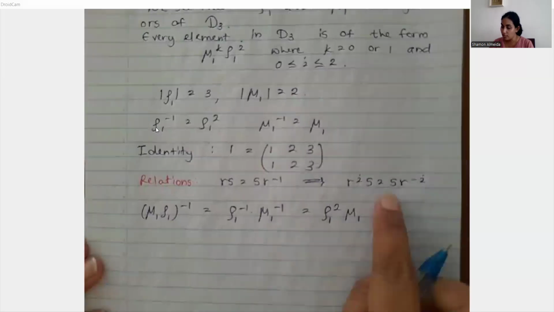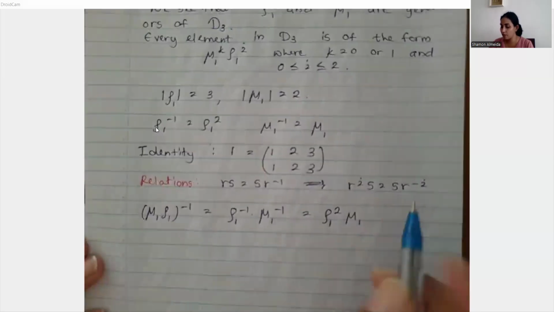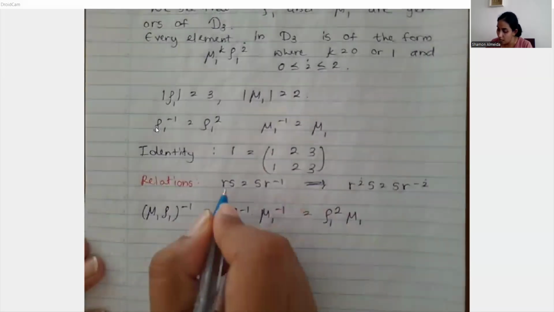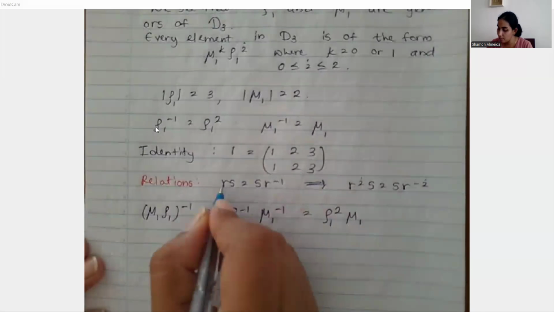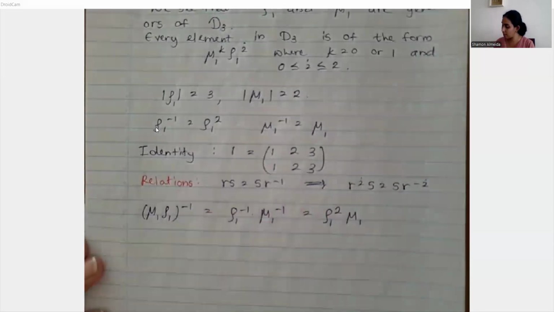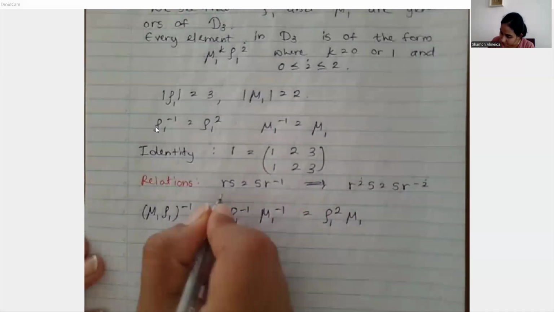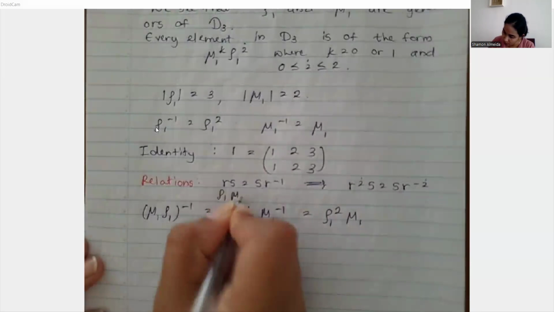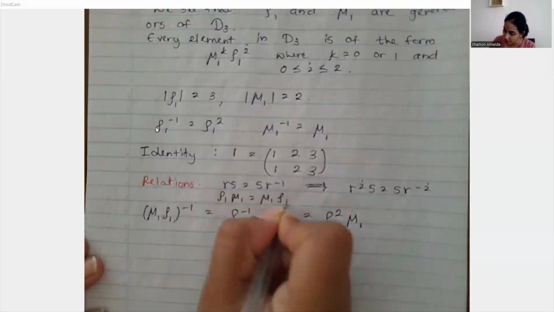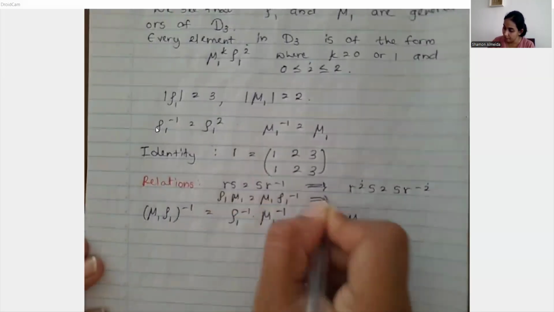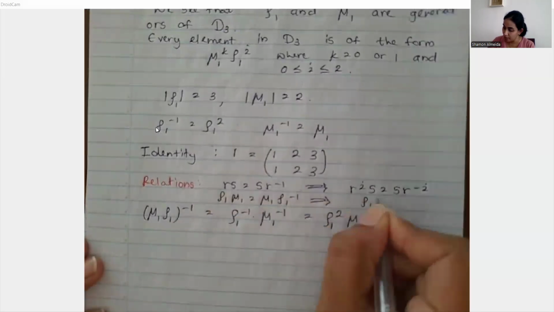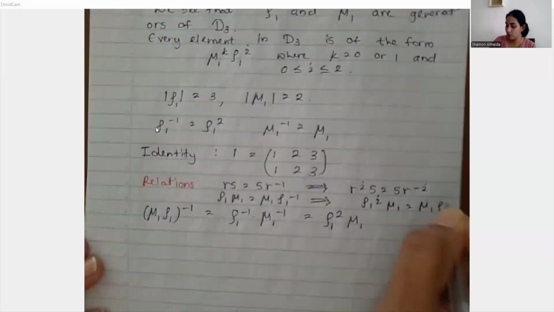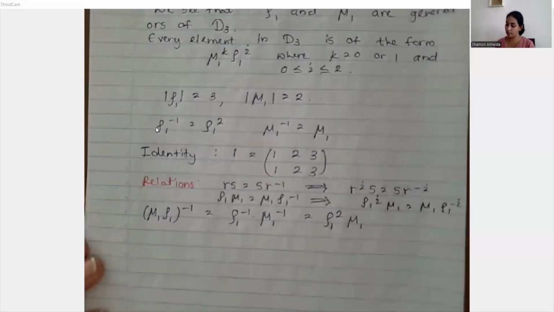Now, go to this relation. This says if we have a power of, here R resembles rho 1, S resembles mu 1. So, what I'm going to do is I will write it as rho 1 mu 1 is equal to mu 1 rho 1 inverse. Rho 1^i mu 1 is equal to mu 1 rho 1 raised to the power of negative i.